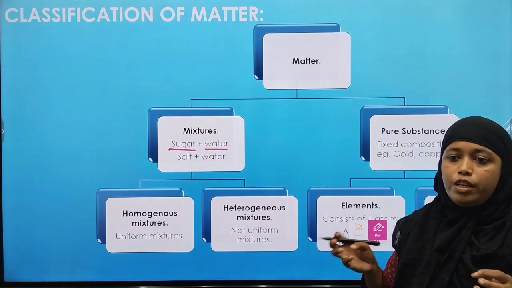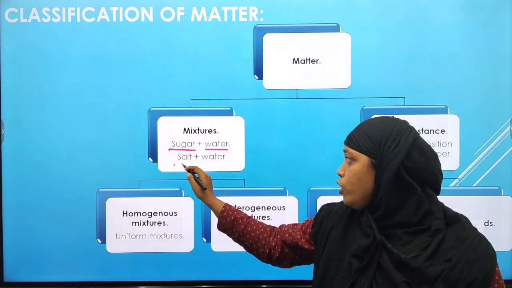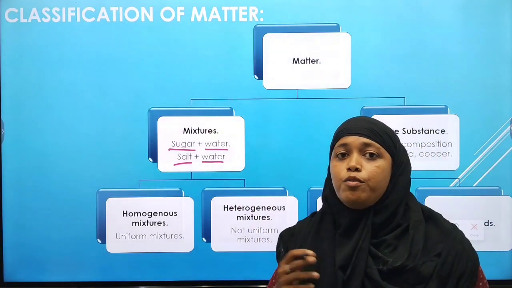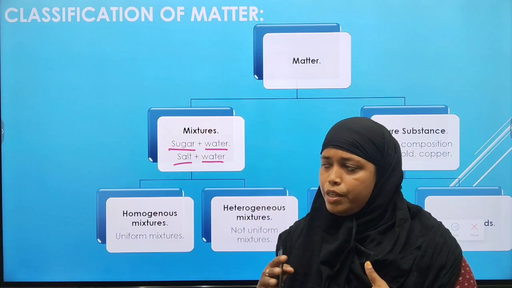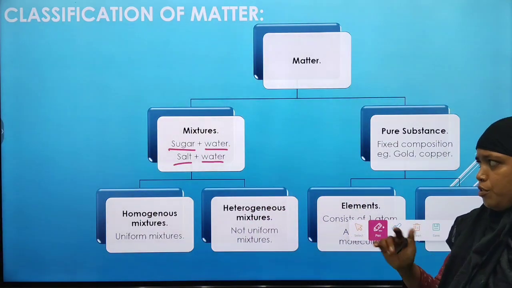If we take sugar and water and mix them together, we get a sugar solution. If we mix salt and water, we get a salt solution. Or if we take mud and water, it also mixes, but somewhat it will be separated. You'll see a turbid solution, which you can call muddy water.